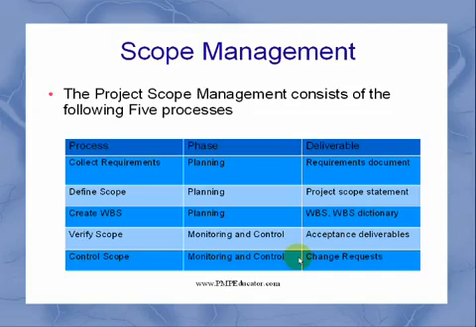The first process is collect requirements, which is in the planning phase, and the deliverable is the requirements document. Any project starts with some sort of requirement. So in this process, you try to get all the requirements, and the key deliverable is the requirements document.